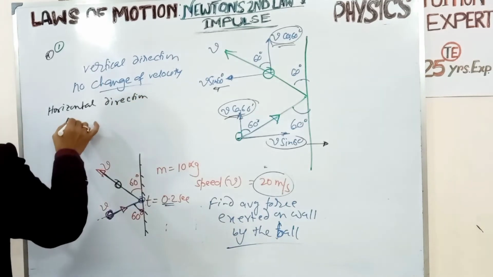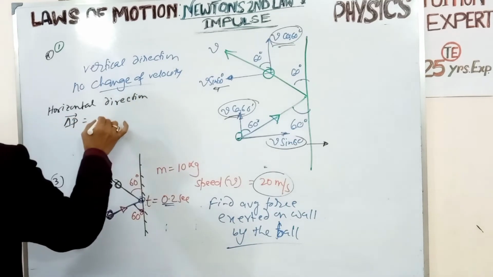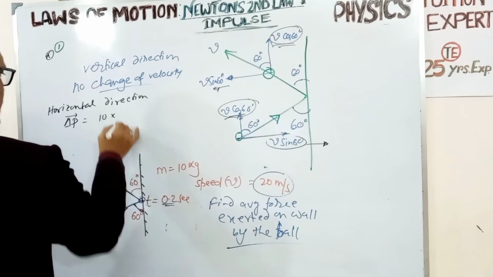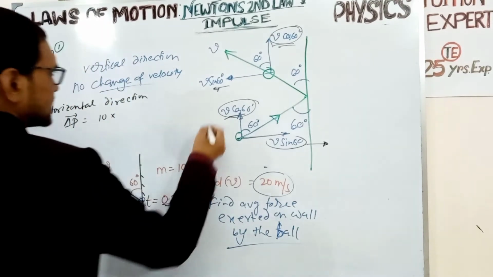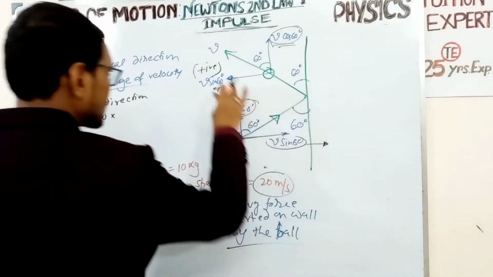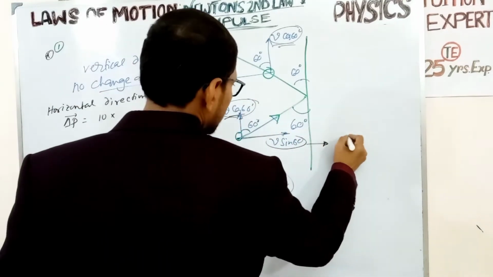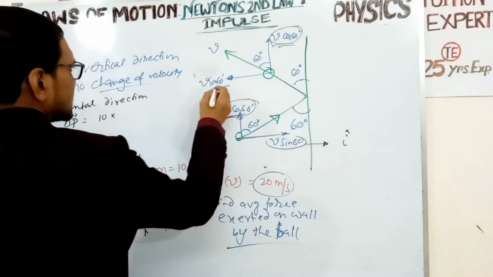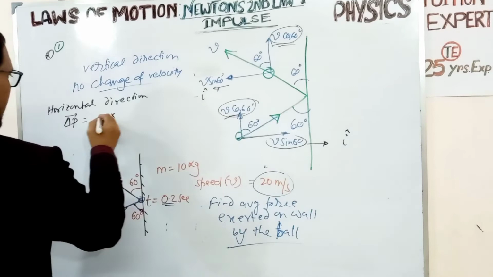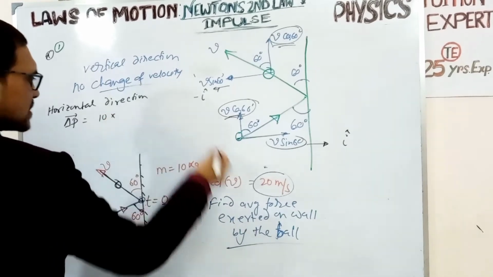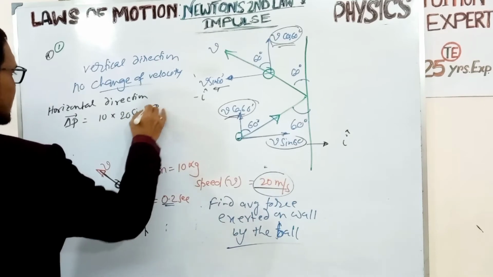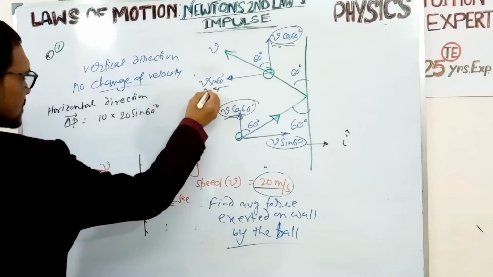change of momentum delta P equals what? M, the mass of the body, 10 kg, M V. If we take this as positive, this is a vector quantity. If we take this as unit vector i, then this is unit vector minus i. So m v, that is m V sin 60 degrees. V is 20 sin 60 degrees. We have to take it with the vector.